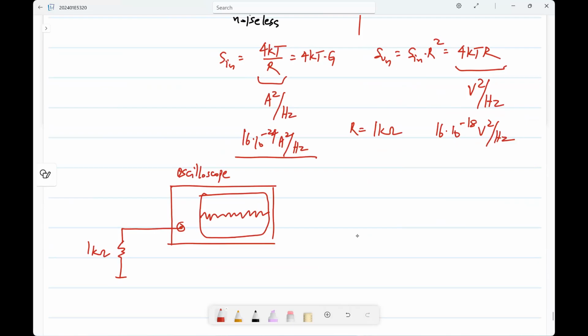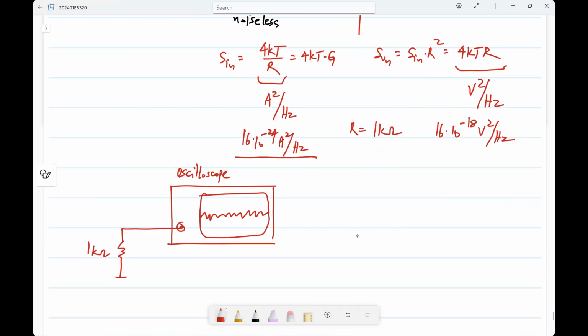The resistor noise spectral density is independent of how much current is actually flowing through it. It just is related to the resistance and the temperature. So I'll see some waveform like this.